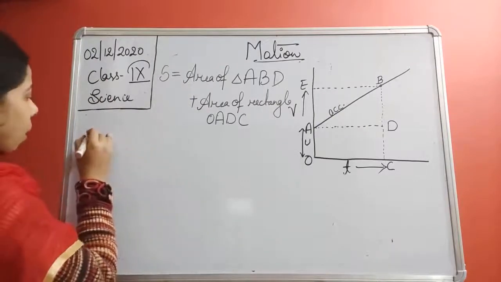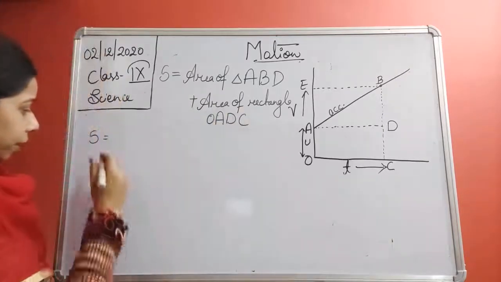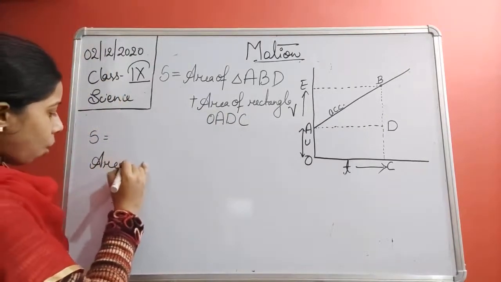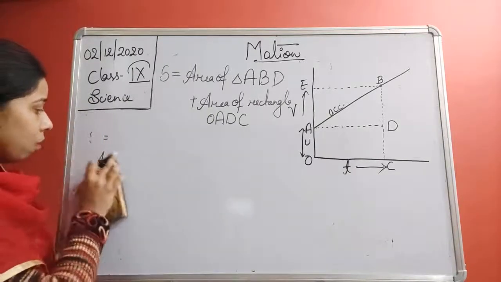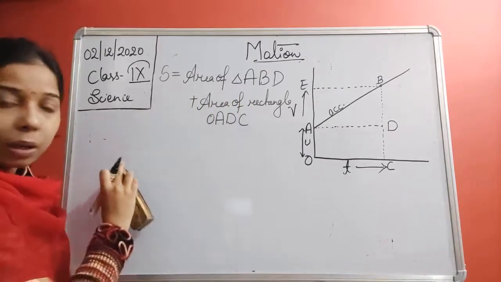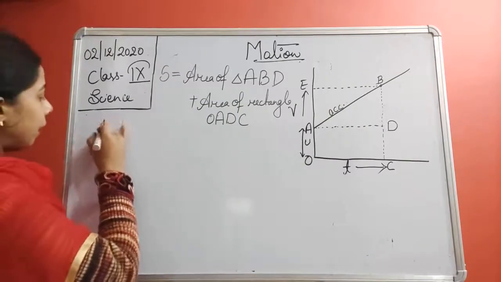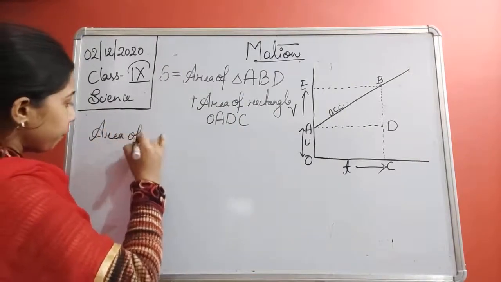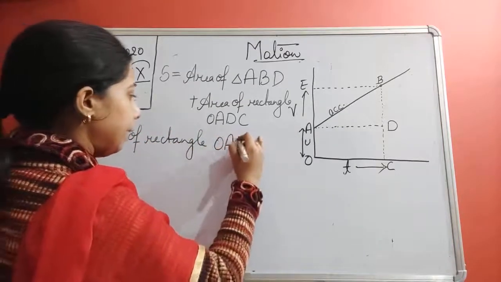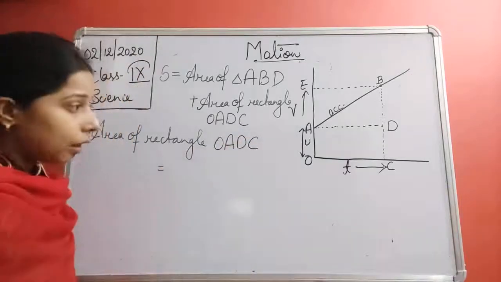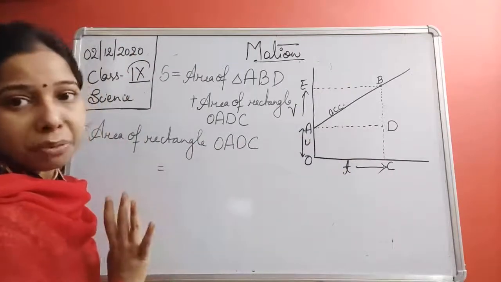Now, we can write S will be equal to the area of the rectangle plus the triangle. So let us first find the area of the rectangle and the triangle, then we will put the values in this formula. If we talk about the area of rectangle OADC, you know the area of a rectangle can be found by multiplying the length by the breadth.